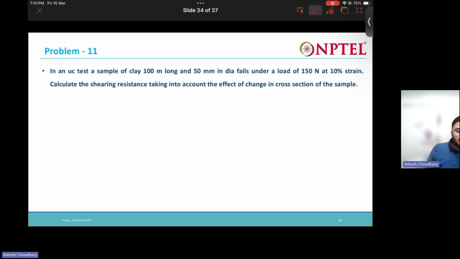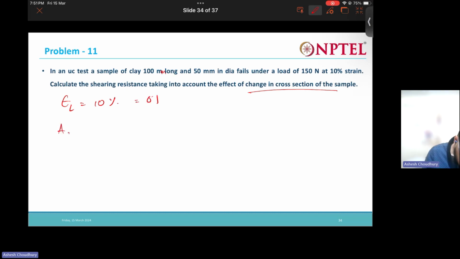Next problem. In an unconfined compressive test, a sample of clay 100 mm long and 50 mm in diameter fails under a load of 150 Newton at 10% strain. Calculate the shearing resistance. Okay, the effect of cross section. For that, see, this strain is given as 10%, that is 0.1.